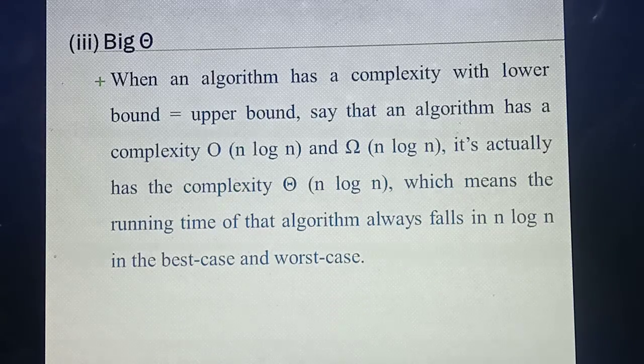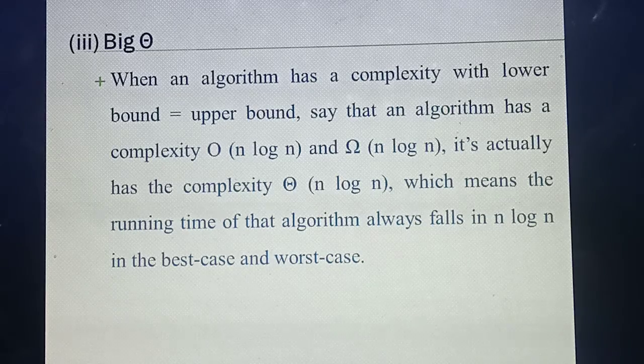What are the 3 asymptotic notations? Big O, big omega, and big theta. Big O always determines the worst case of an algorithm. Big omega is just the opposite of big O; it determines the best case.